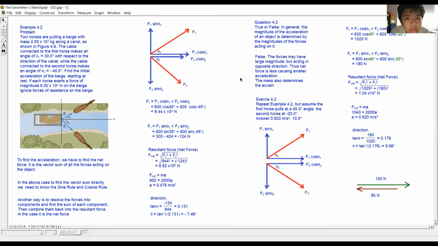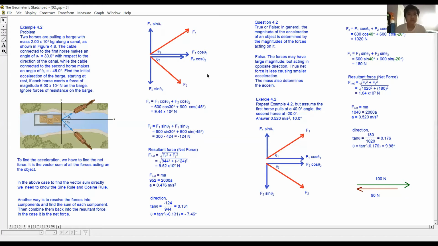The horizontal component is always cos. The vertical component is always sine. This comes from the definition of the trigonometric ratio. Again, when you exchange this red color for the two blue colors, you don't have this red color anymore.